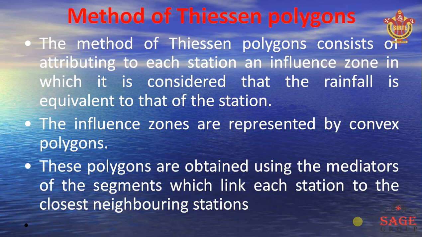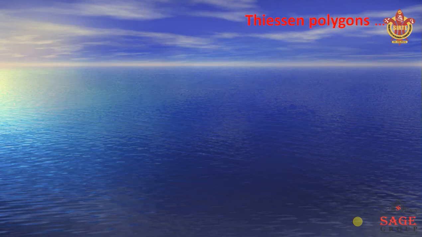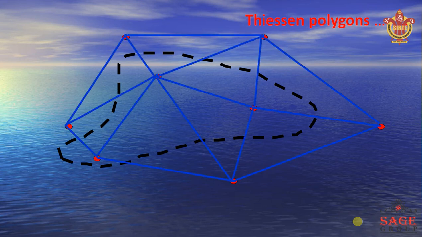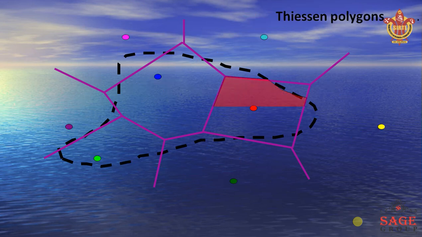Let's plot that. First of all, we draw the outline of a catchment. Suppose this is a catchment. We have these as the stations. We connect each and every station. After that we draw the perpendicular bisectors, and then we calculate the area enclosed for each station.